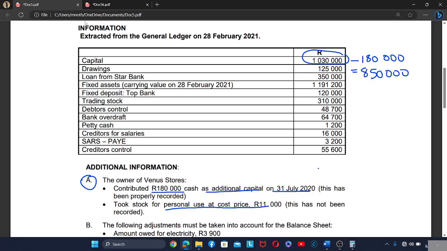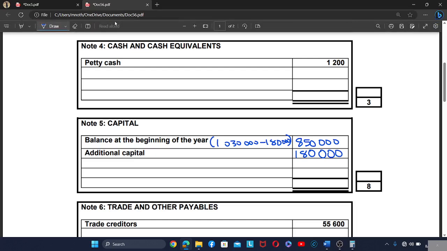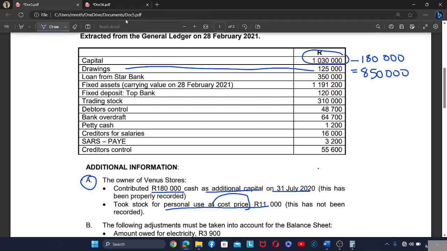So the value here is given at the cost price. So these are the drawings. The drawings, how much are they in the trial balance? They are 125,000. So the drawings must be recorded under the owner's equity notes. So it's 125,000.